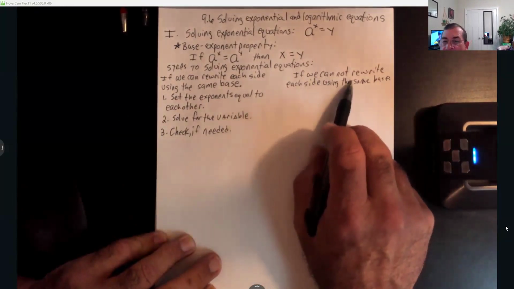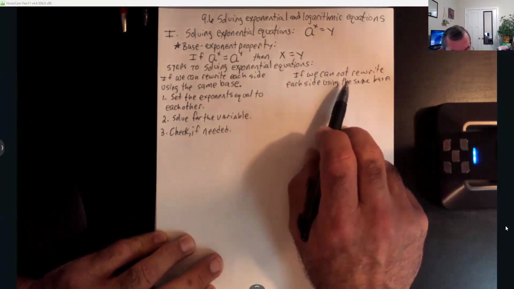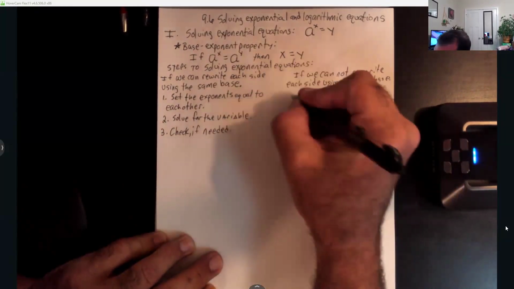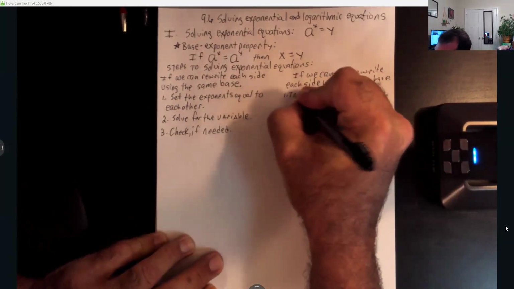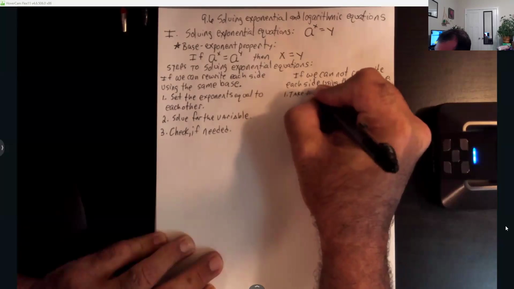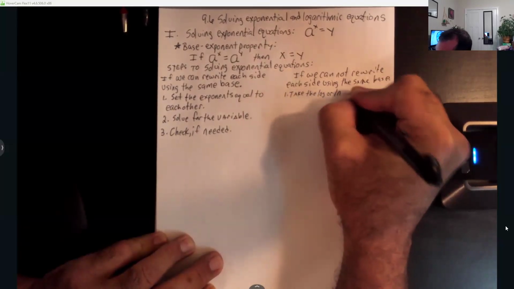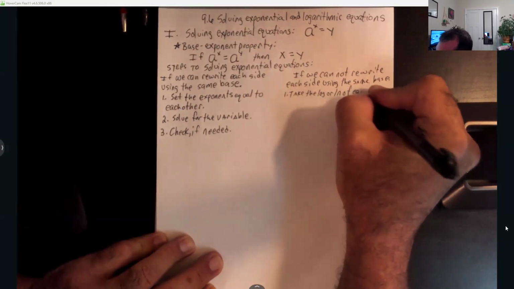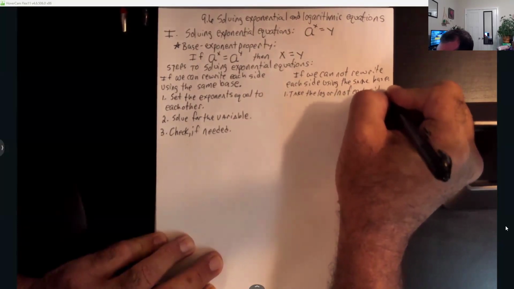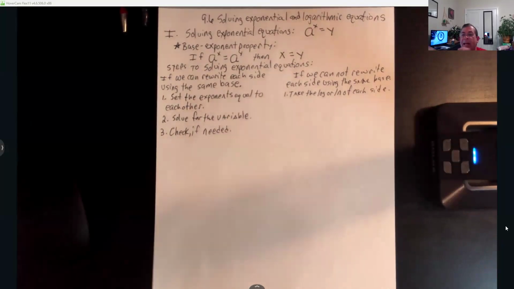If we cannot rewrite each side using the same base, then our first step, we're going to take the log or ln of each side.